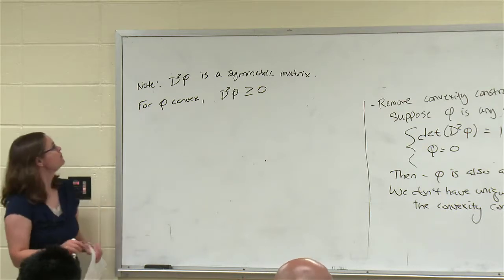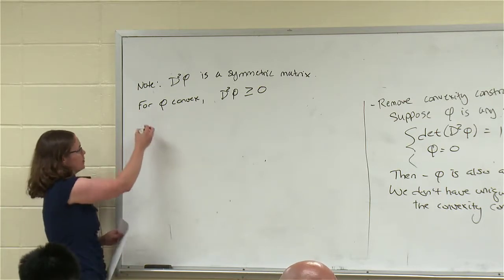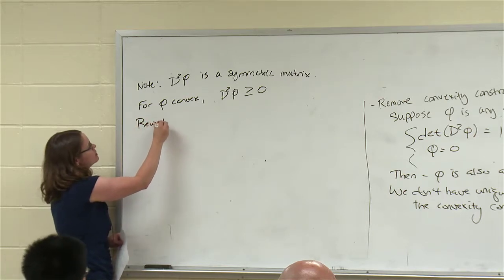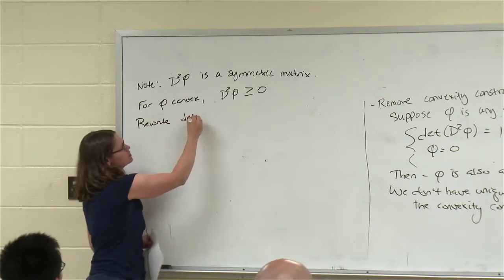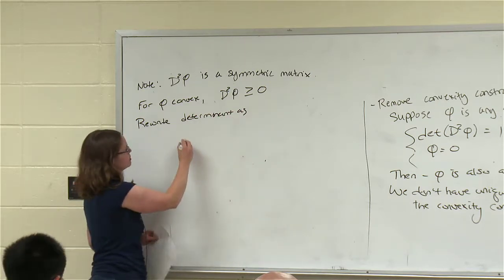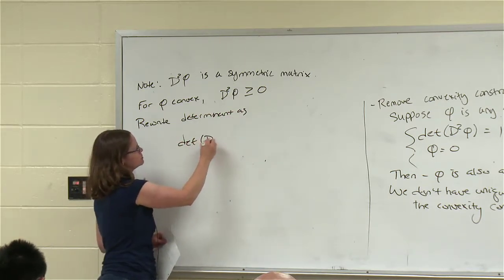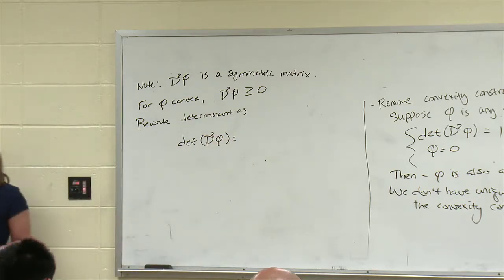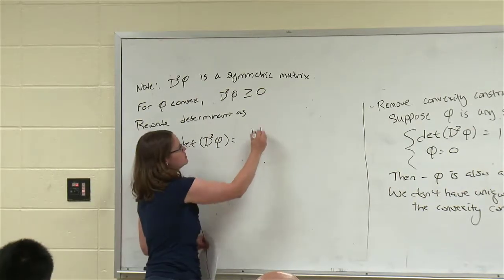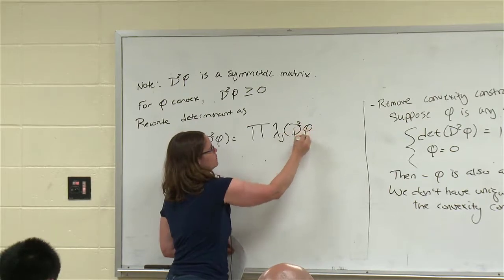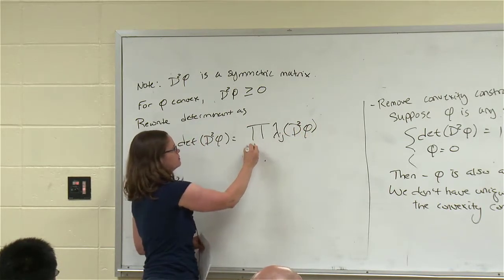OK, so that's good. There's a couple other things we could note. We could rewrite the determinant, our PDE operator, as, okay, the determinant is the same as the product of the eigenvalues, yes? Okay, so we could write this as the product of the eigenvalues of phi, of d squared phi.